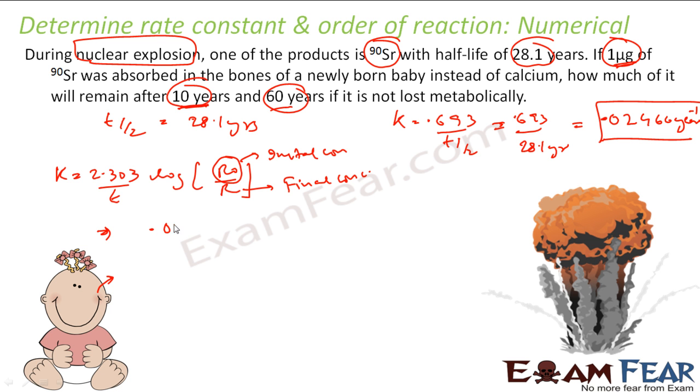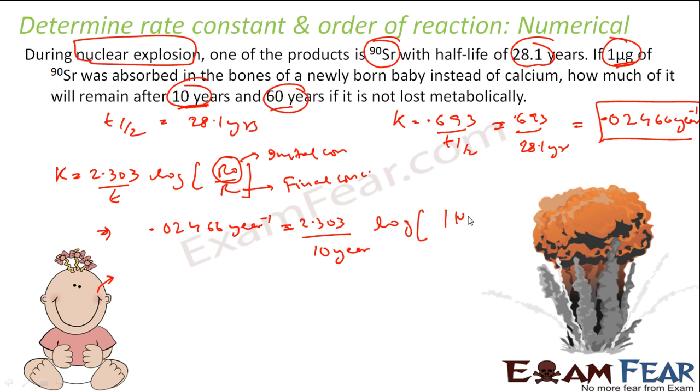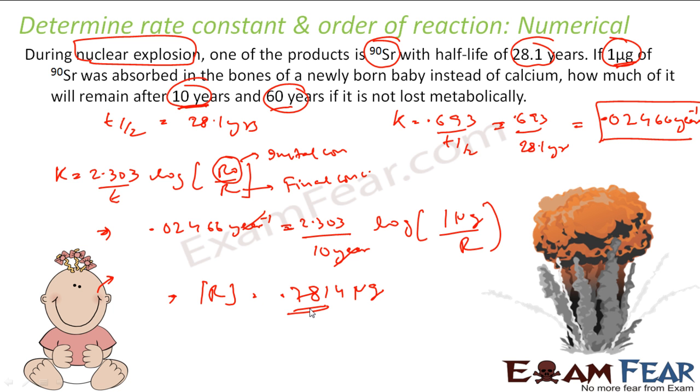K is given, 0.02466 per year, equals 2.303 by T. In the first case, after 10 years. So let's put 10 years. Log of initial concentration, 1 milligram, by final concentration, which I don't know. You solve this, you get R as nothing but 0.7814 milligram. So even if 1 milligram was absorbed, almost 0.78 milligram will be there after 10 years also.